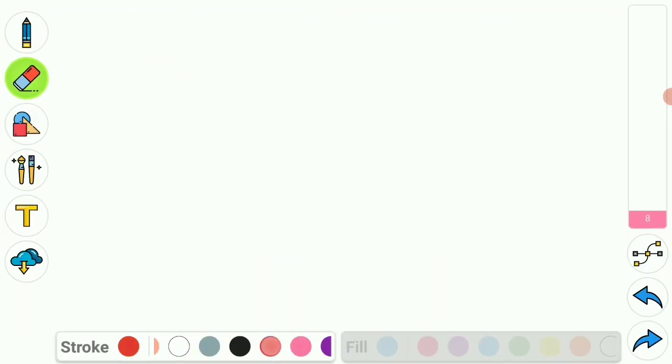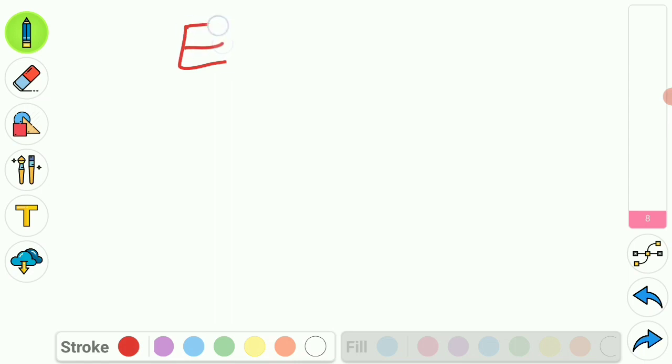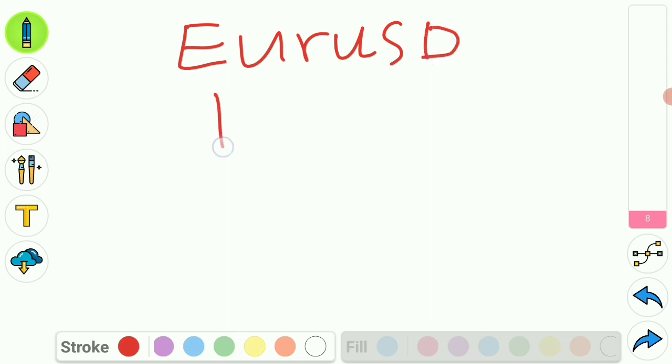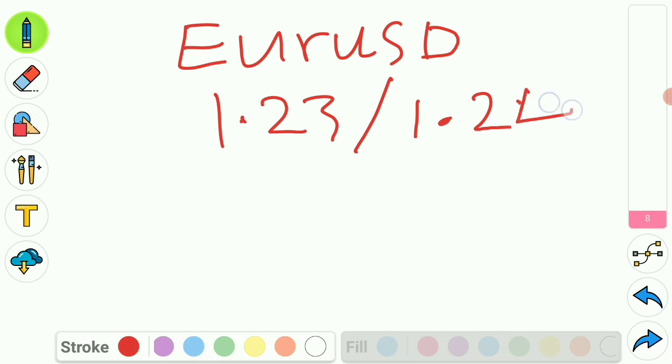Like, if I want to sell EUR/USD, you will see charts something like this. You see EUR/USD, and you see something like 1.23 slash 1.24.